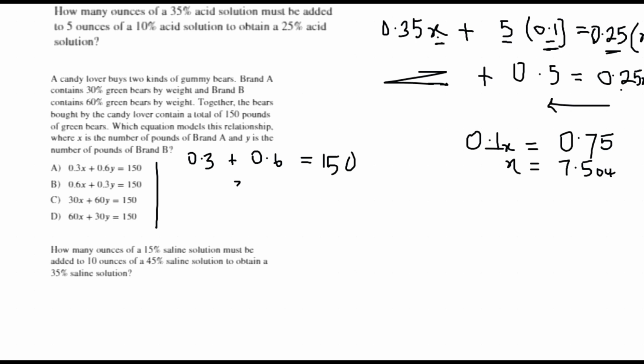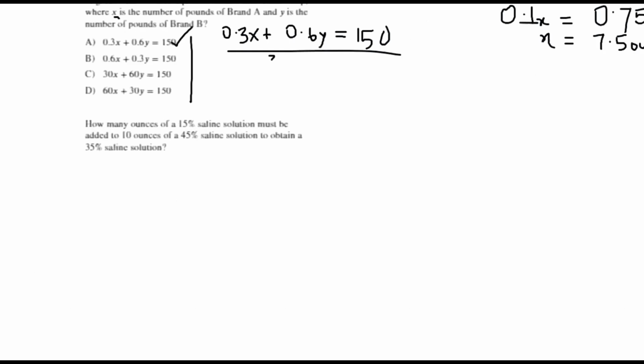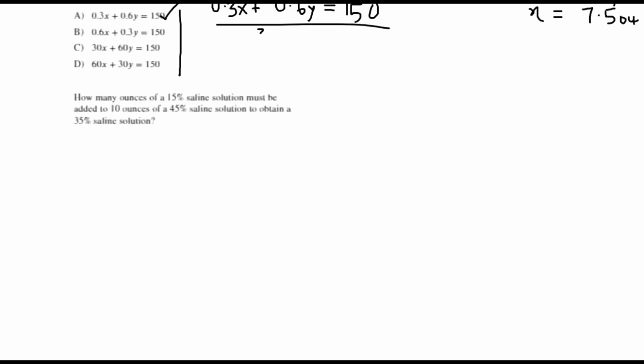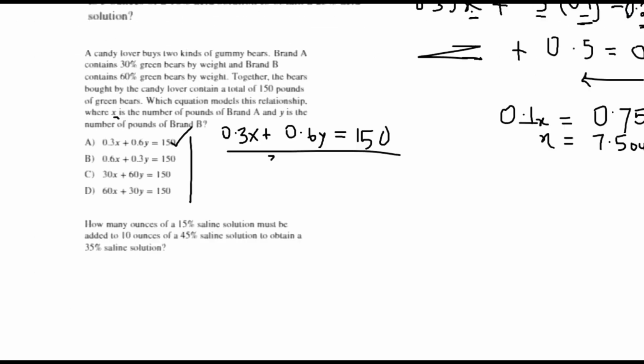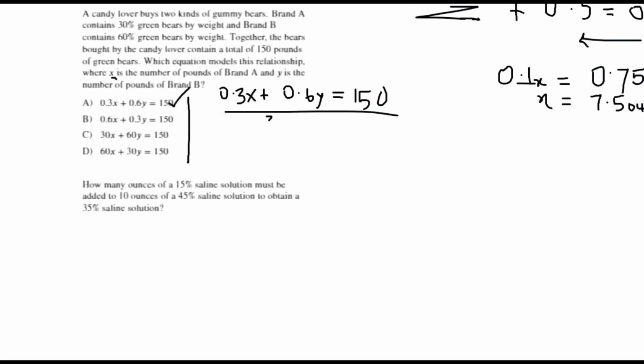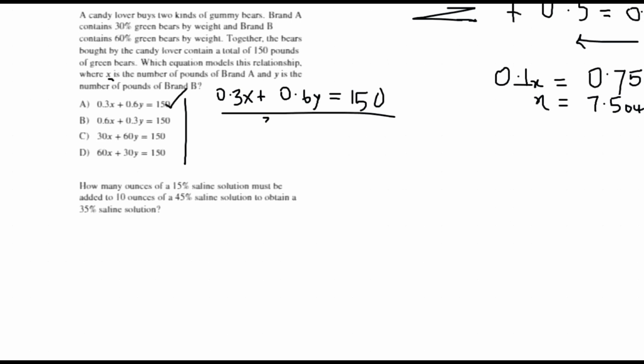Now let's move to the last question. How many ounces of 15% solution, that should be 0.15, must be added, let's represent it by x, to 10 ounces of 45% solution? So 10 multiplied by 0.45. This is kind of similar to the first example.